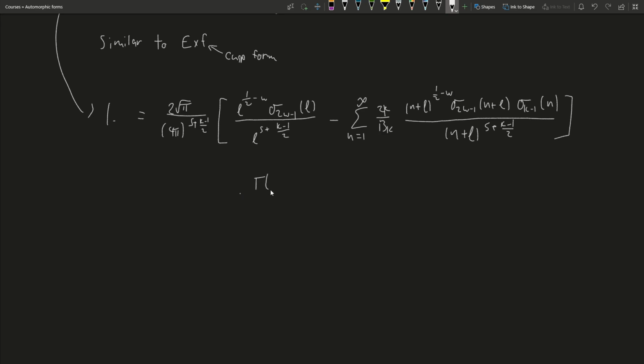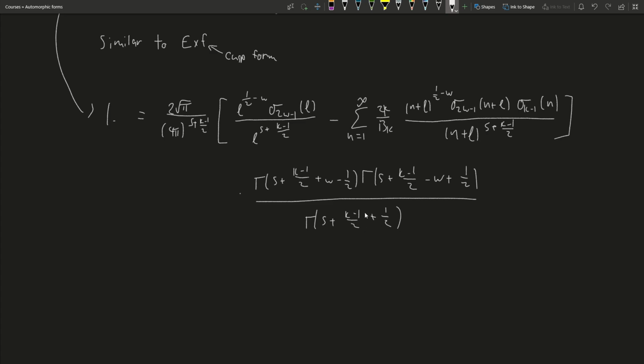The gamma functions are gamma of (s + (k-1)/2 + w - 1/2) times gamma of (s + (k-1)/2 - w + 1/2) over gamma of (s + (k-1)/2 + 1/2), which, I don't know, maybe it's weird to not combine these, but I think it helps me to remember where this comes from, essentially.